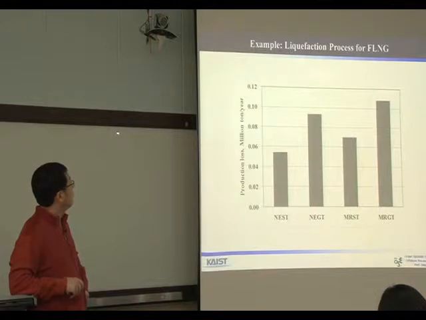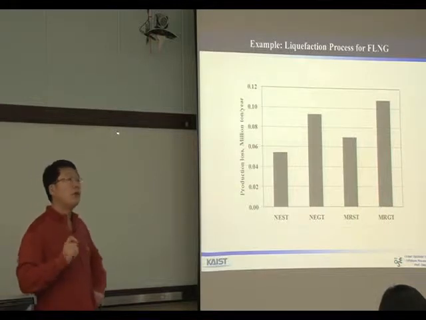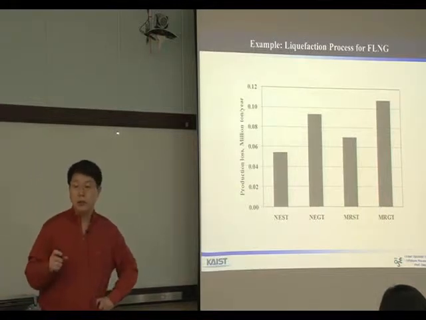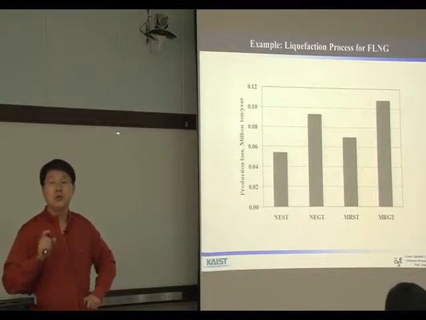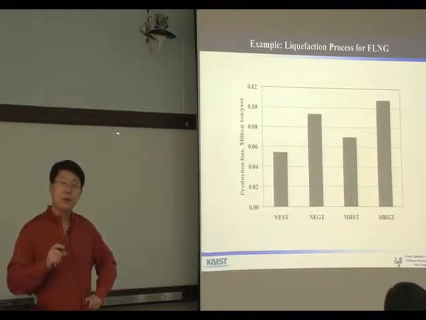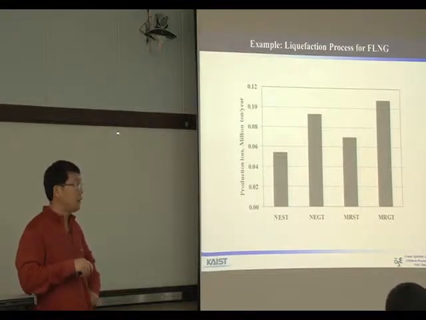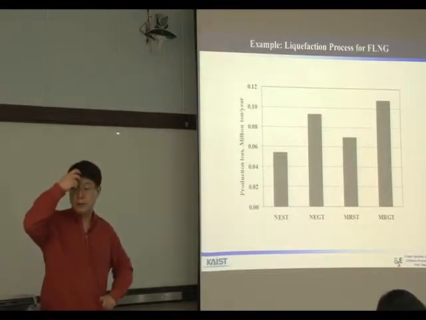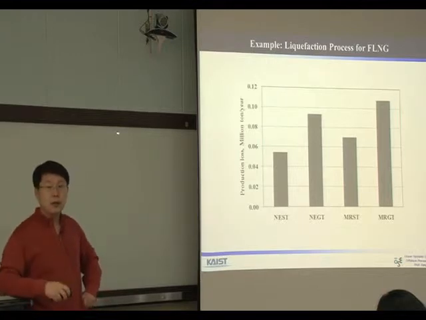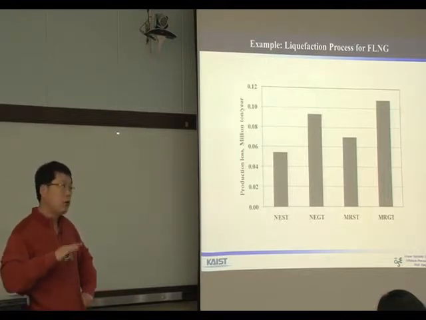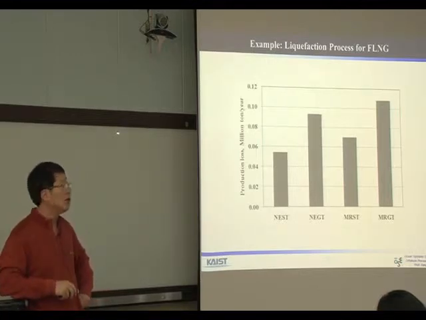This is a production loss, which we can convert into how much money we can lose because of the production stop. Because NEST has the highest reliability, it has the lowest production loss.